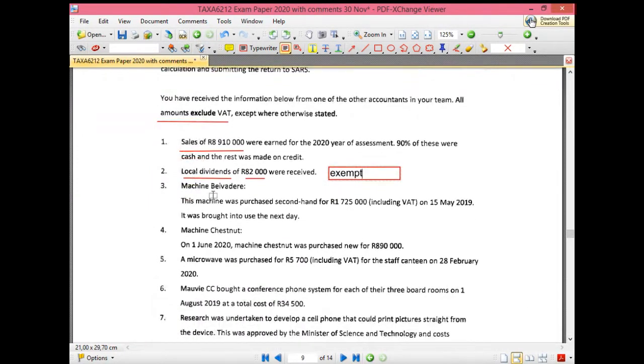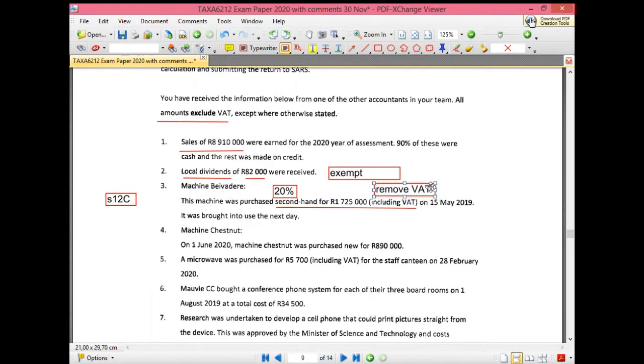Okay, then machine Belvedere, this is where we are going to apply your section 12C information now. Was purchased second hand. Okay, so it's second hand, so we are going to apply the 20%, because it's second hand, it's used. And it is including VAT, so we have to remove the VAT amount.